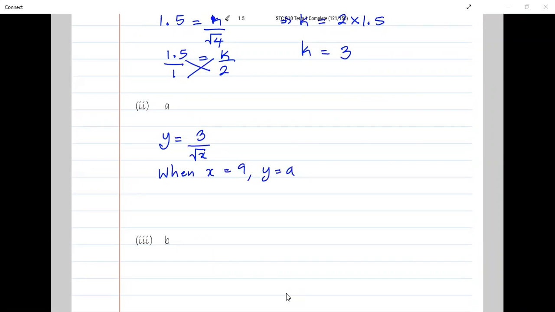Let's put that in. We're going to have y, which is a, is equal to 3 over the square root of 9. Therefore, a is equal to 3 over 3. Therefore, a is equal to 1. Did you get that?